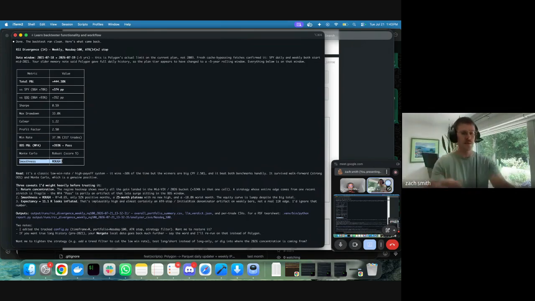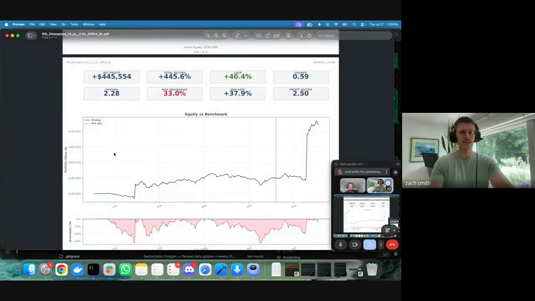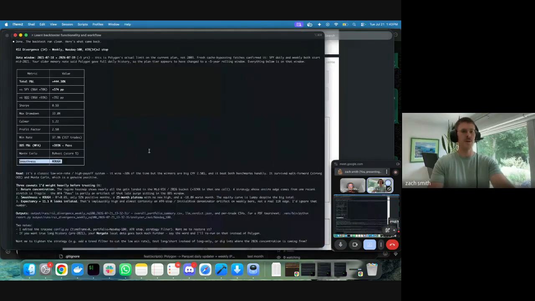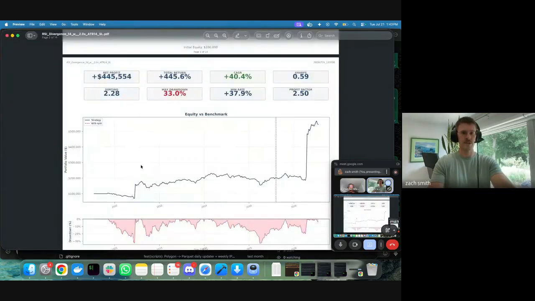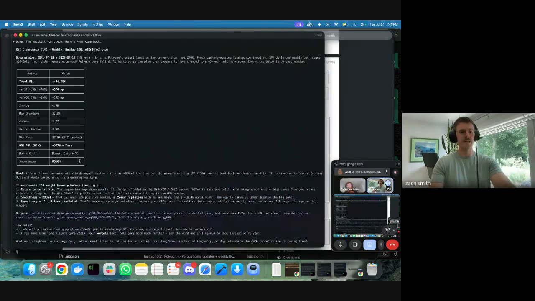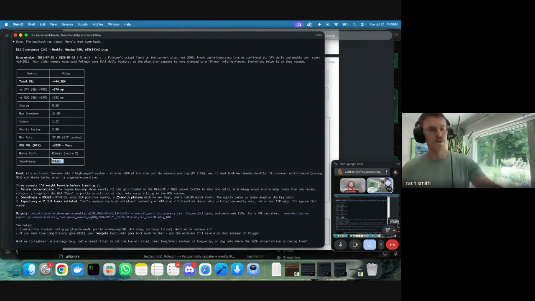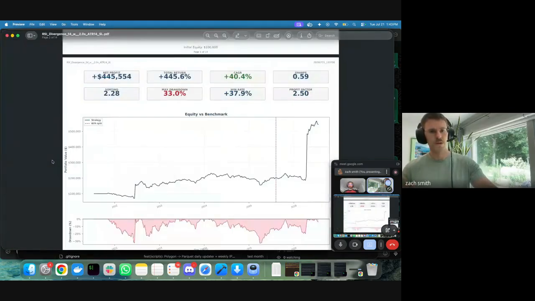I need him to be able to look at this for me and tell me if this is garbage or not. So I added in the smoothness, which is basically an algorithm that looks at the trades and the equity curve and determines if it's a smooth equity curve or not. This is a rough equity curve, which is not great.